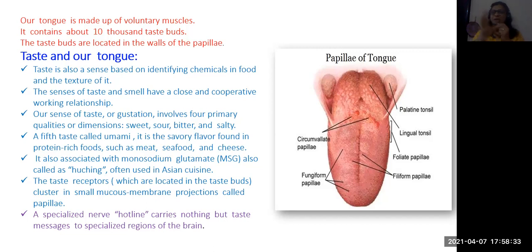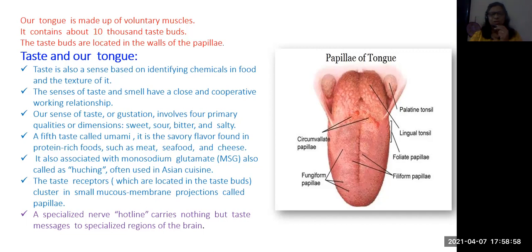Then we will move immediately into that particular restaurant. So that is a type of business tactic to attract people. Whether it is tasty or not, the smell will attract. Understood? That's the relation between smell and taste.